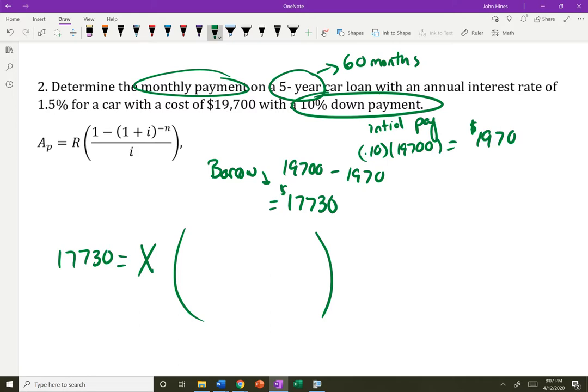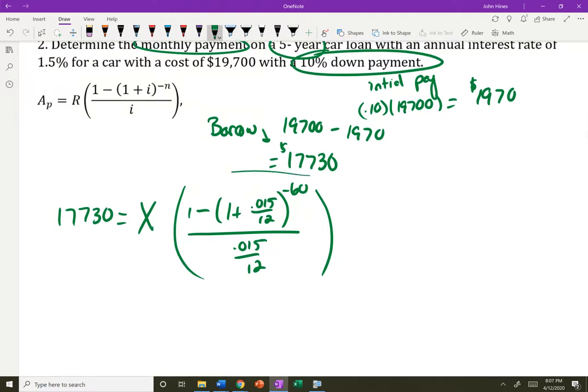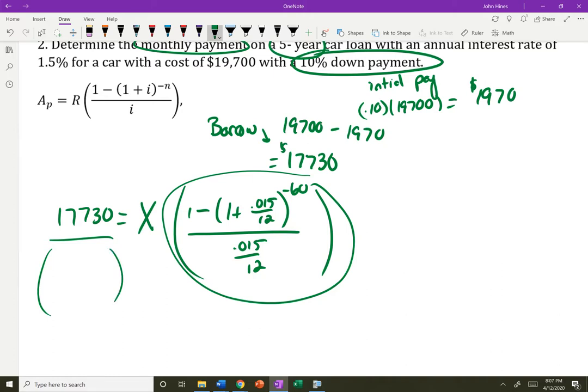So 1 minus 1 plus 0.015 divided by 12 to the negative 60, all over 0.015 divided by 12. Same game plan to solve for x. Type this in and then divide it over. So I'm going to type that all in and then divide it by 17,730.